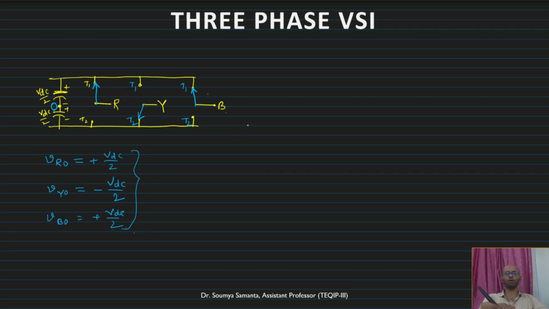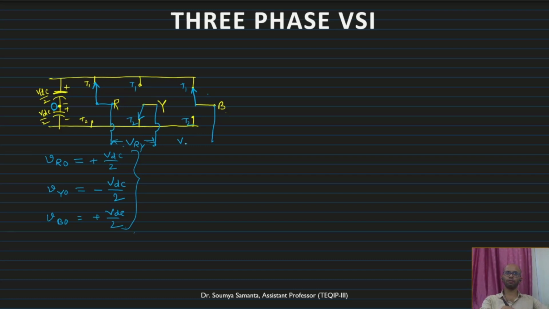Now if I have to find out the line voltages, how can we find them? Line voltage means, suppose this is line R, this is line Y and line B. Between R and Y, what will VRY be?